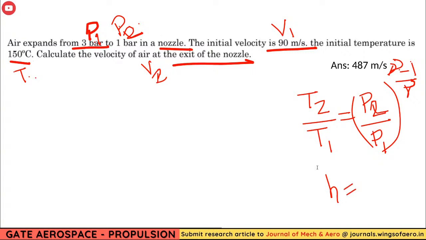T2 is 306 Kelvin. No? 306 degrees centigrade. T2, centigrade or Kelvin? I've kept it in centigrade itself. If it's in Kelvin, it is 579 Kelvin.